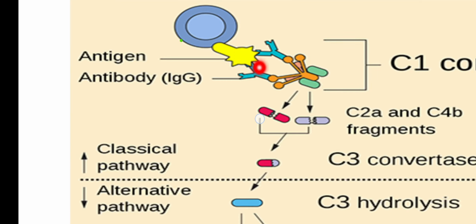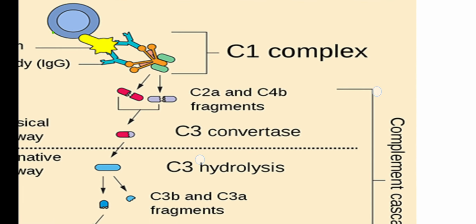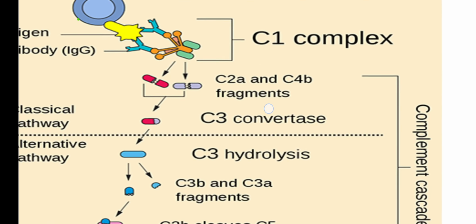These green are the antibodies, and the Fc region of the antibodies is bound by the C1 complex. This C1 complex recruits C4 and degrades it into C4a and C4b. Only C4b will be attached to the C1 complex, and C4a will be degraded.